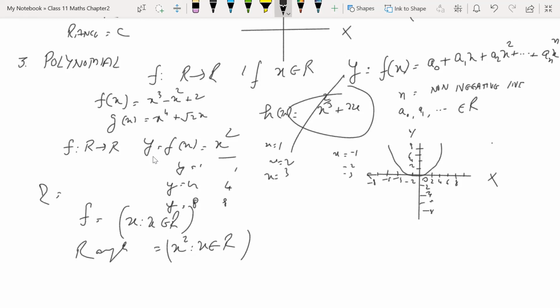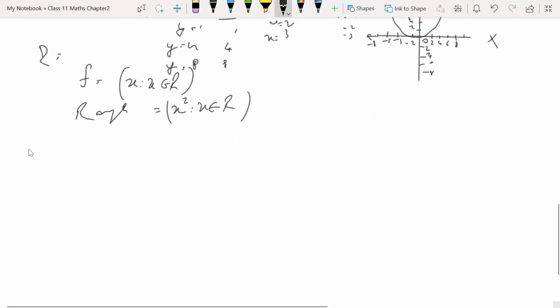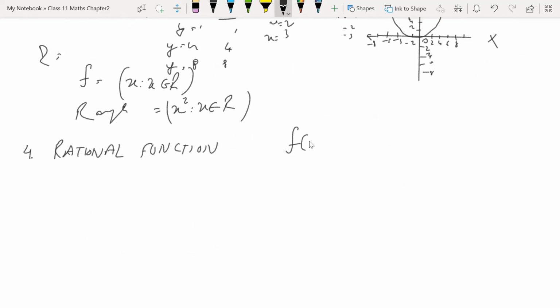The polynomial function. Again, the next is the rational function. These are the functions of the type in the fraction f(x) by g(x), where g(x) is not equal to 0.